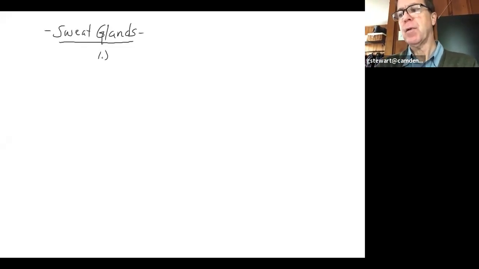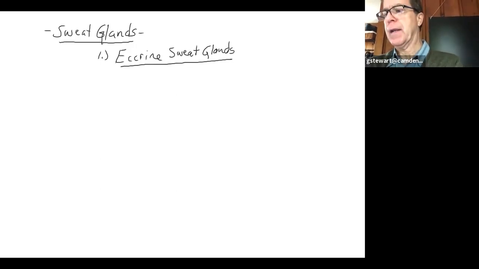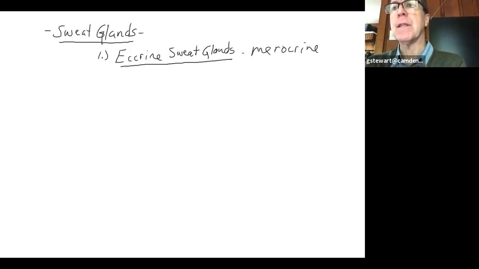So the first type of sweat gland is called eccrine, E-C-C-R-I-N-E. These are found all over the body. They're the most numerous. First thing I'm going to say is they're merocrine. That means the cells are not destroyed and they can keep secreting.